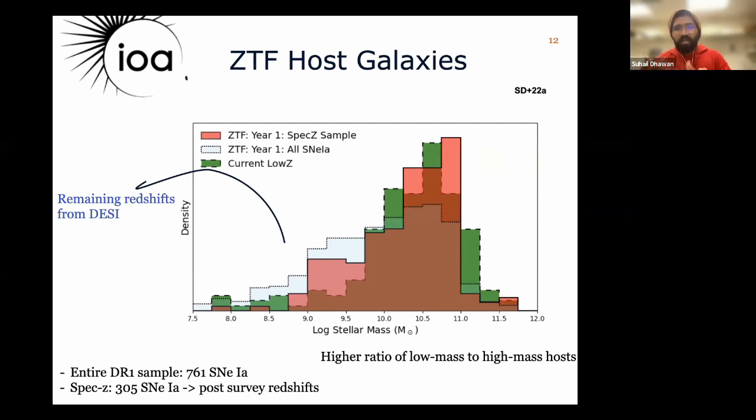With the untargeted search and follow-up with ZTF, we can now find a very large number of these host galaxies that are below 10 to the 10 solar masses. And this is extremely important in order to test whether or not there is an environmental bias with a large sample of homogeneously measured type 1as.